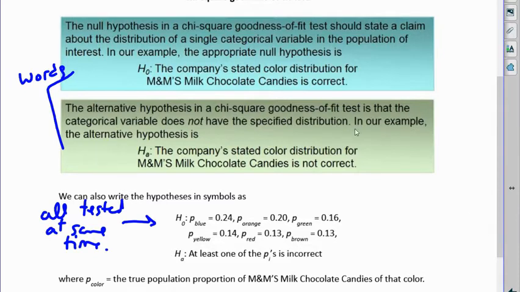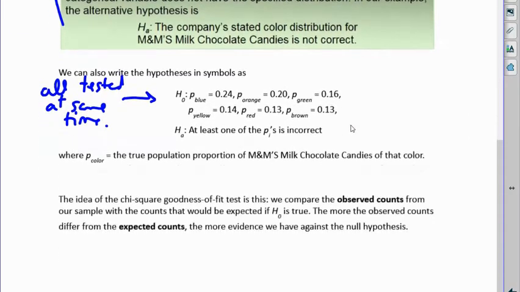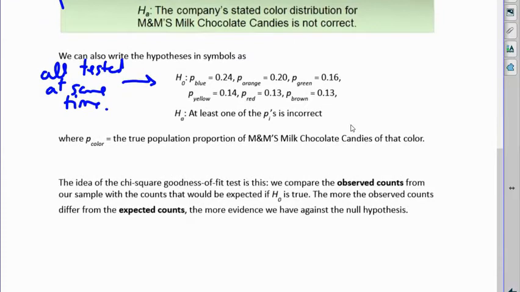So first thing we're going to have to do is test what we've observed. So we're going to have counts. We can't use proportions. We need observed counts, and we're going to compare that to expected counts.